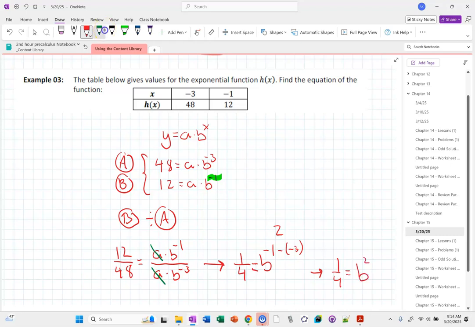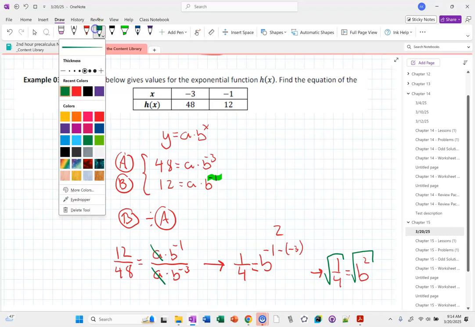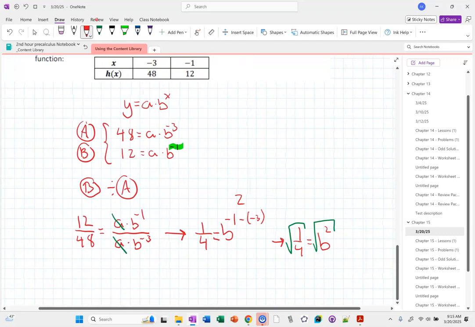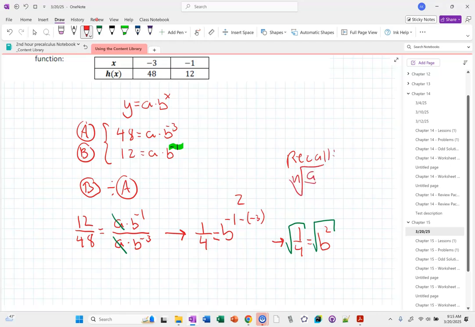That's an equation I can solve for B. So I'll square root both sides. Now, how do I take the radical of a fraction? Excellent. So again, the rule that, was it Lucy I heard?